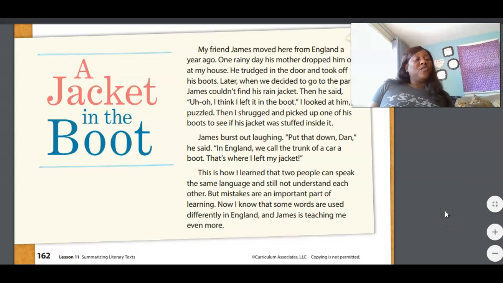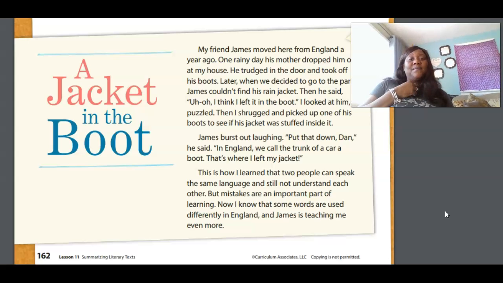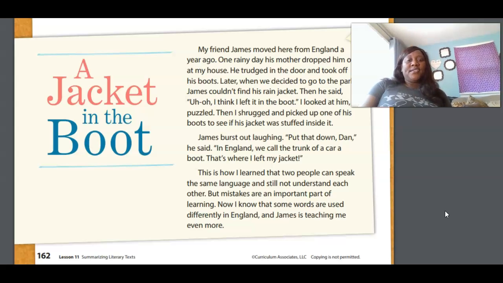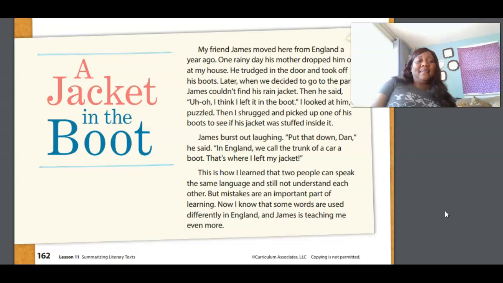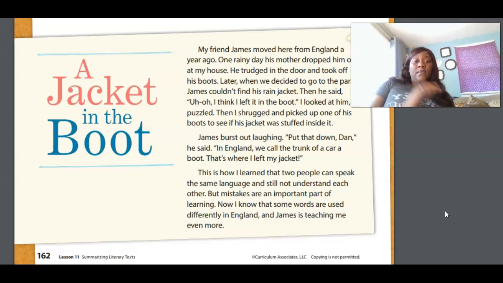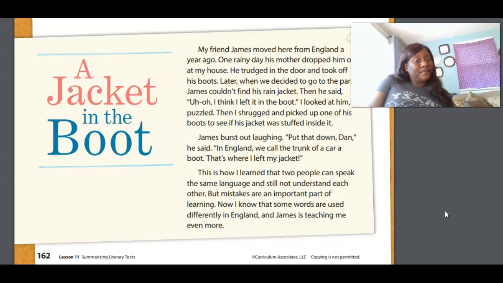My friend James moved over here from England a year ago. One rainy day, his mother dropped him off at my house. He trudged in the door and took off his boots. Later, when we decided to go to the park, James couldn't find his rain jacket. Then he said, "Uh-oh, I think I left it in the boot." I looked at him puzzled. Then I shrugged and picked up one of his boots to see if his jacket was stuffed inside it.